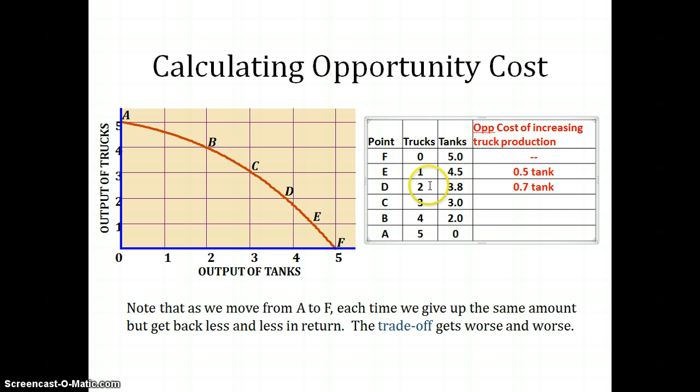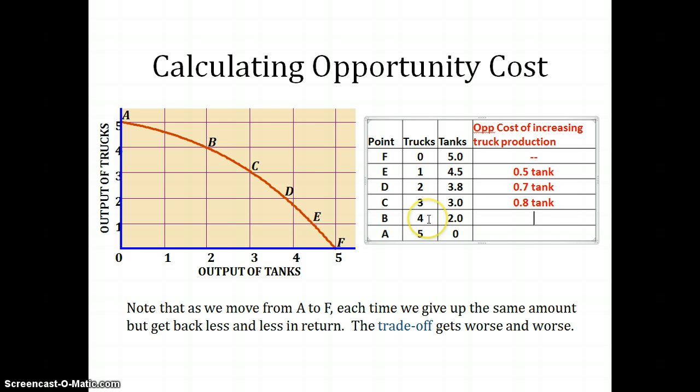Then when we go from 2 trucks to 3 trucks, our tank production goes from 3.8 to 3.0. So by adding that third truck, the total number of tanks we can produce goes down by 8/10. So our opportunity cost is 8/10 of a tank.